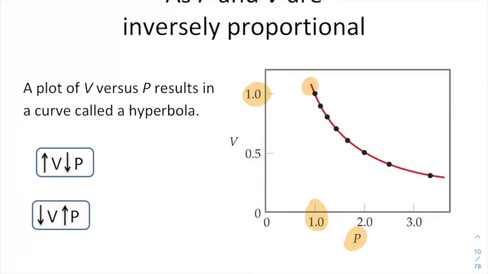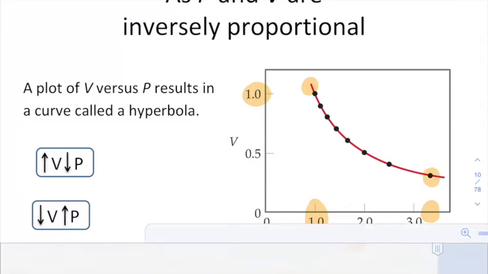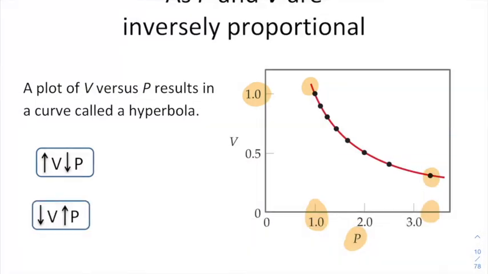Now as we increase our pressure, looks like we're at about maybe 3.2 at this dot. Notice that our volume has dropped. So as the pressure goes up, the volume goes down. That's that inverse relationship.